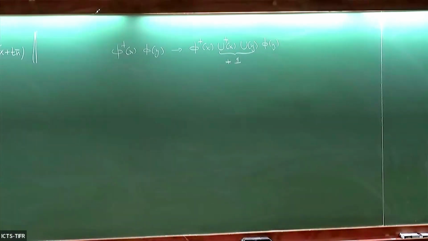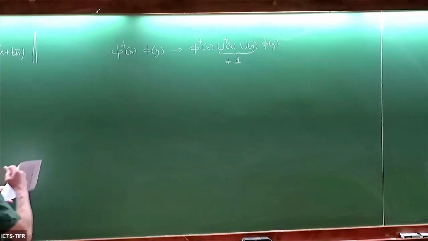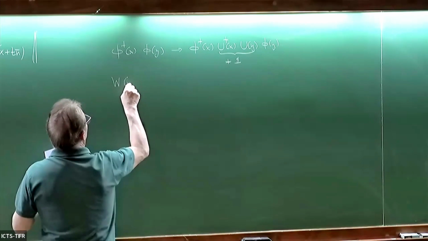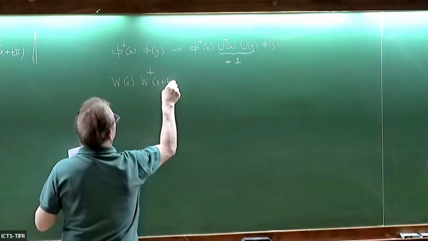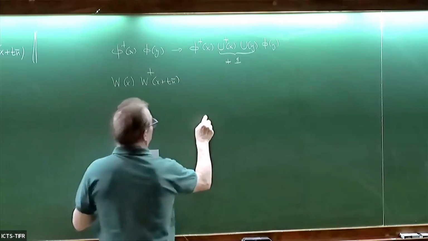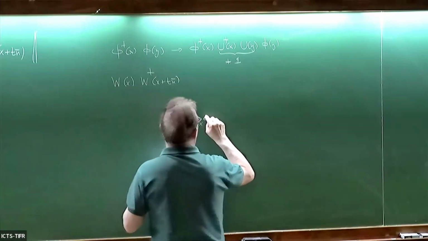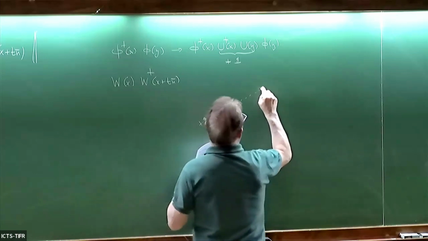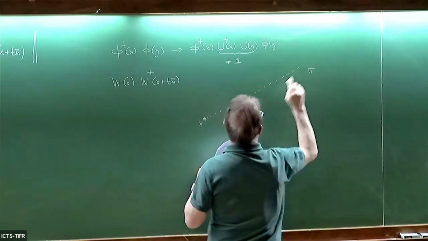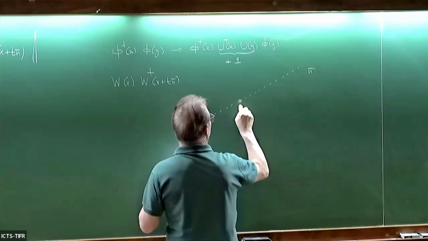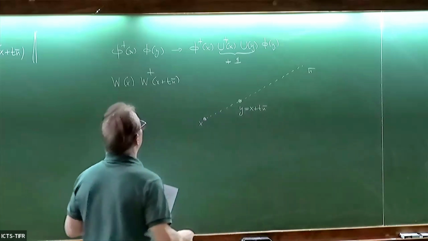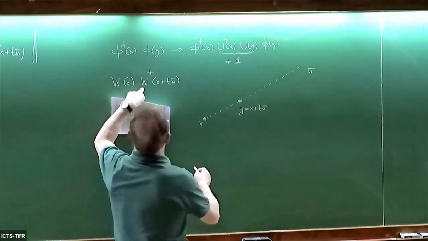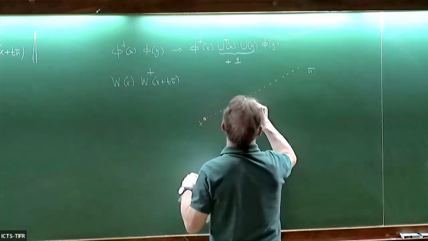And the Wilson lines save the day, because we have two Wilson lines here. A Wilson line at point x and a Wilson line dagger at point x plus t n bar. If x is here and I go on the n bar light cone, so this is the direction n bar, I can be at a different point, y equal x plus t n bar. The first Wilson line basically takes you from here to infinity.